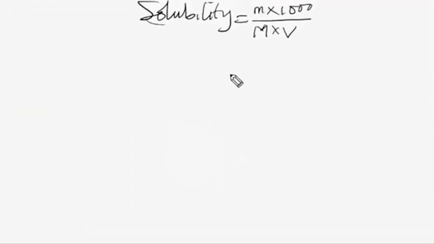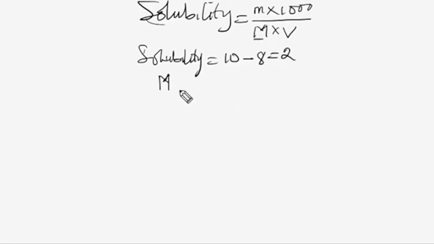So the solubility here will be 10 minus 8, and that's 2. Since we've gotten the solubility, we can calculate the molar mass of this substance. Since it's sodium chloride, sodium is given as 23 and chlorine is 35.5.